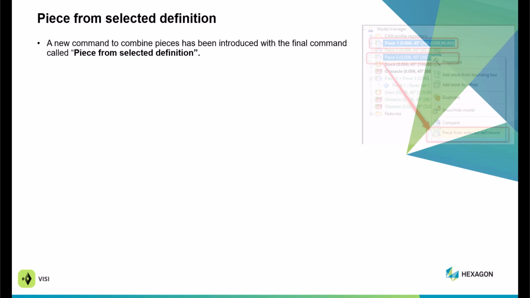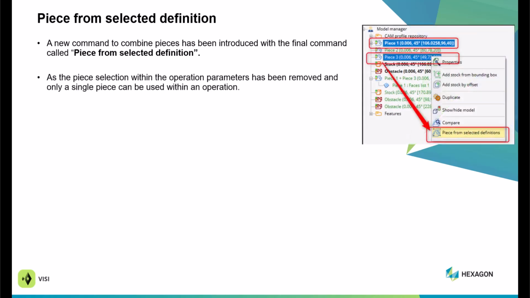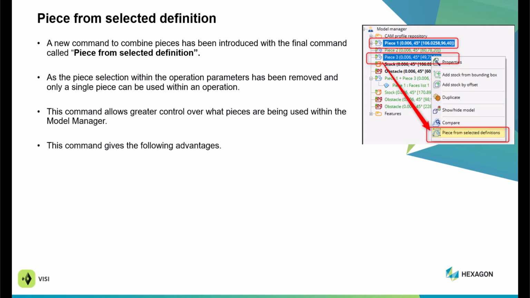There's a new command that has been added, piece from selected definition. A new command has been added for this when I select multiple different pieces, where I can combine the two pieces as a single piece within an operation. So an operation can use multiple pieces to be able to cut from. This command allows for greater control over the whole piece to be used within Model Manager.